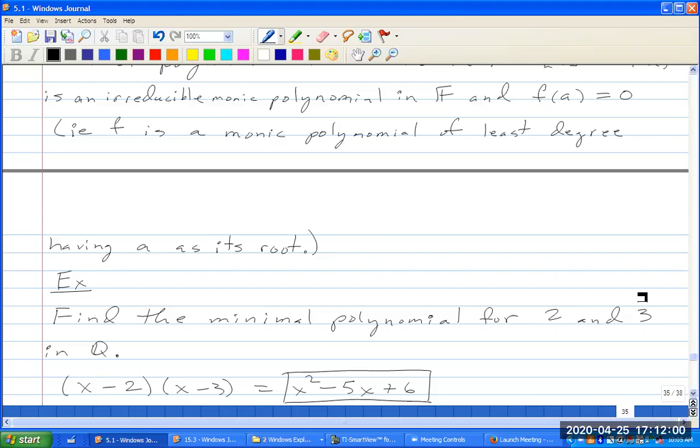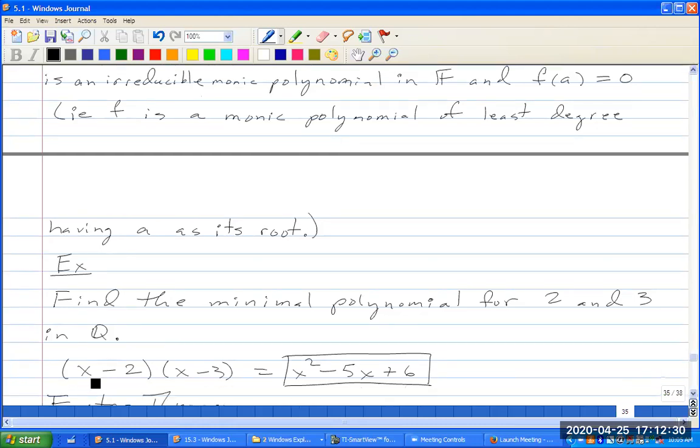If 3 is a root of the polynomial, then x minus 3 is a factor of the polynomial. If I multiply those together, I get x squared minus 5x plus 6. Both 2 and 3 are roots of this polynomial, and there's no other polynomial of less degree. Obviously, if you get rid of one of these, you're not going to have either 2 or 3 as a root.